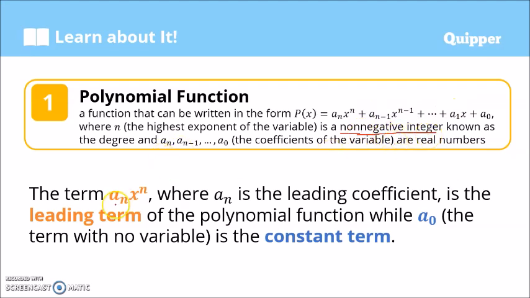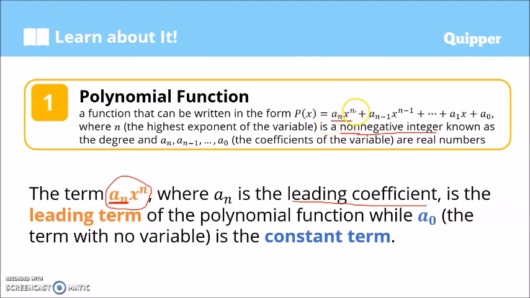The term a sub n x to the power of n, where a sub n is the leading coefficient, kung ano man yung coefficient ng x sub n, yun ang tinatawag nating leading coefficient. At itong buong a sub n, x raised to n, that's the first one here, okay?